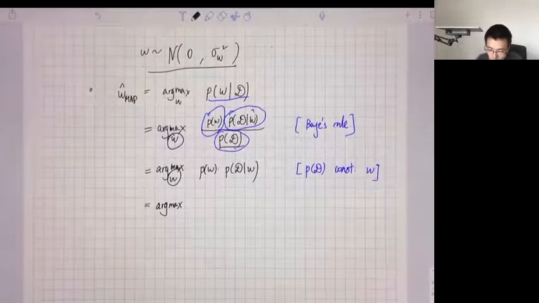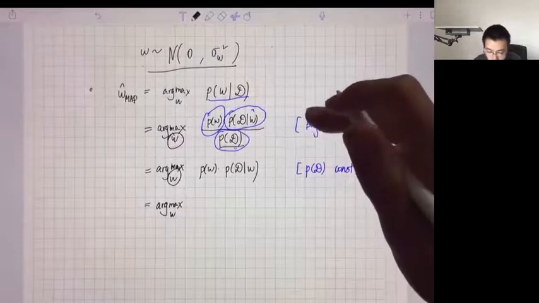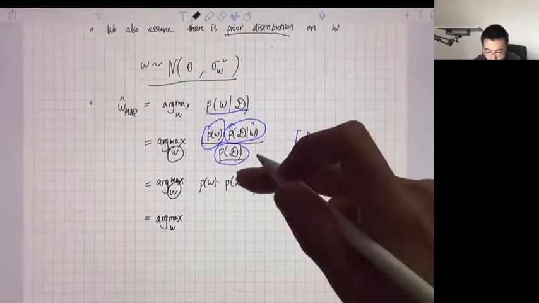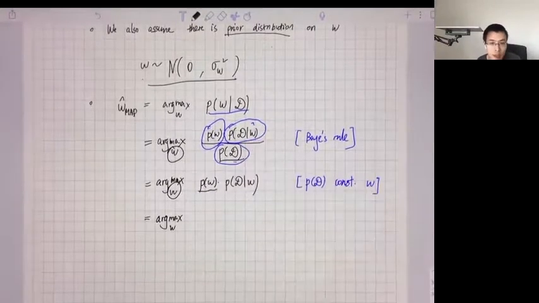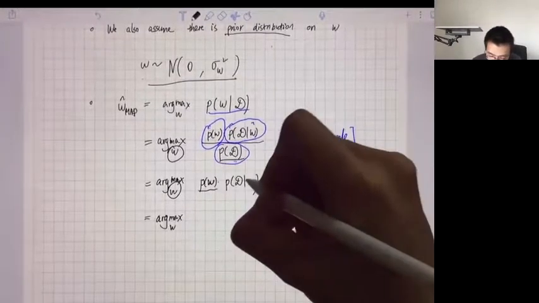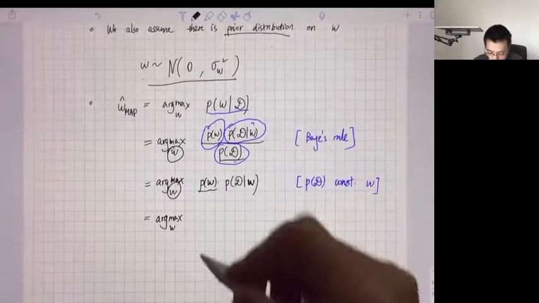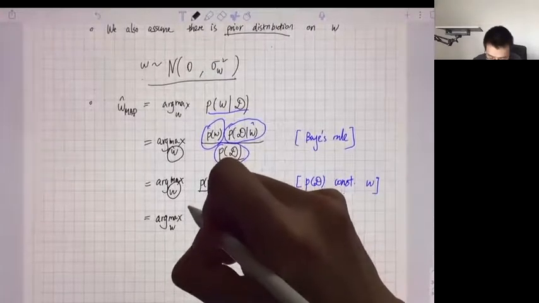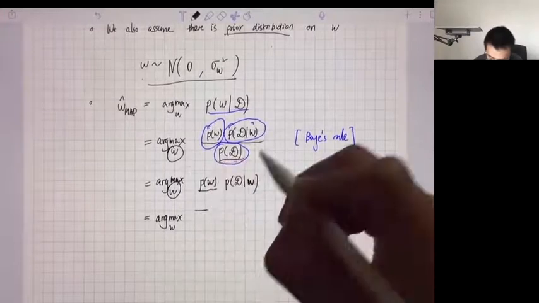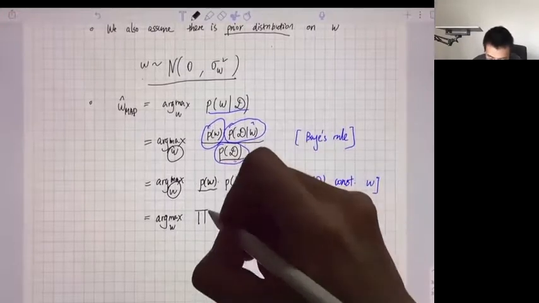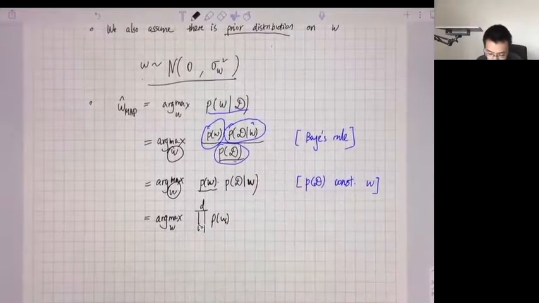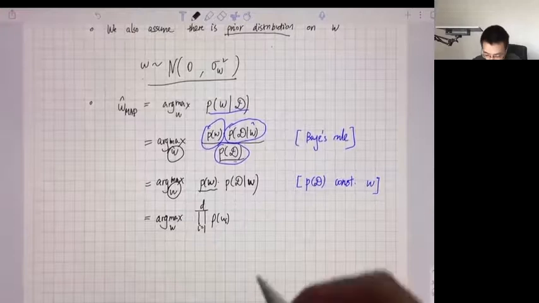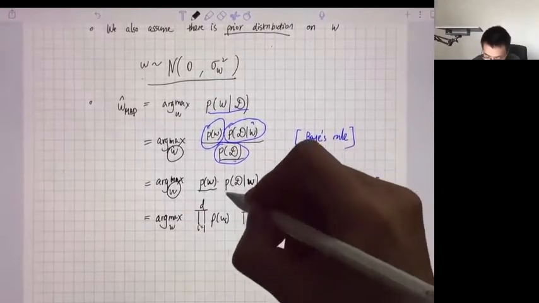So now we need to plug in what it means by P of W and what it means by P of D given W, okay? So I mentioned P of W is a, so W is a vector. For every element, it's independent, okay? So now I can say this is the product over different W_i, i is from 1 to D, suppose it's D-dimensional, times this is what we know, right?